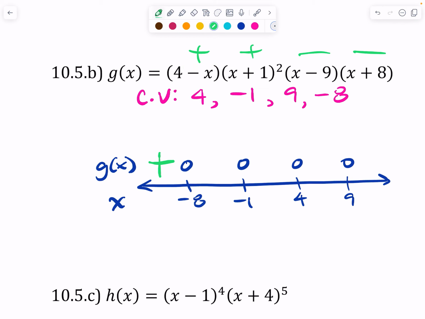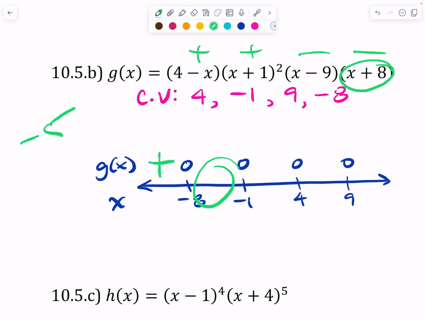Cool. Next region, somewhere between -8 and -1. I don't know. Let's go -5. 4 minus x in that case is 9, so that's positive. -5 plus 1 is negative, but getting squared, so positive. -5 minus 9 is negative.